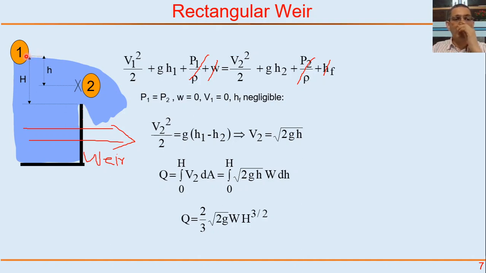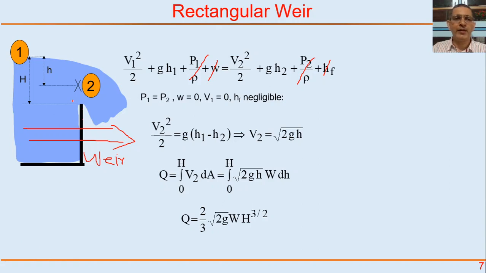V1 is negligible, so V1 is like the free surface of that channel which is carrying water. V2 is larger because now whole of water has to go through this cross section area. Okay. So then I can get V2 in terms of H1 minus H2 or H. H1 minus H2 is nothing but H.